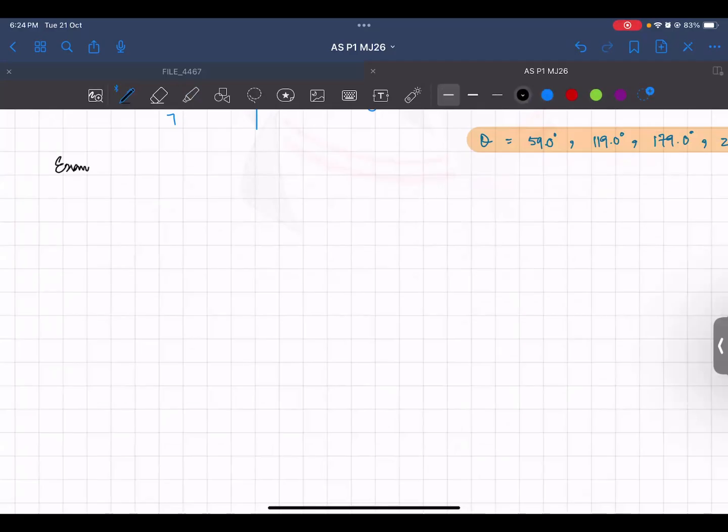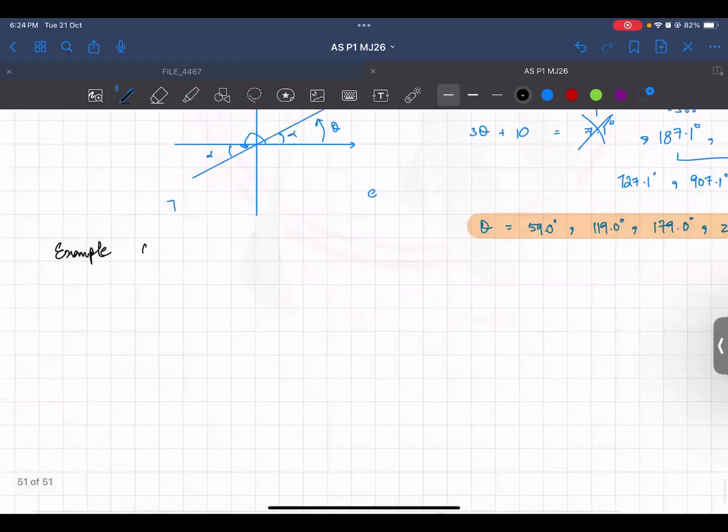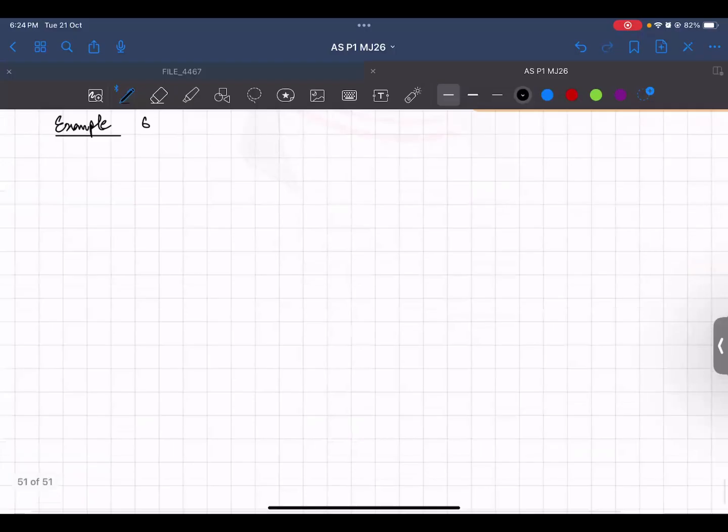incorporate radians over here. Example 6. The question is solve cos(theta/2) minus 0.2 is equal to negative 0.6, and the range is 0 to 2 pi.